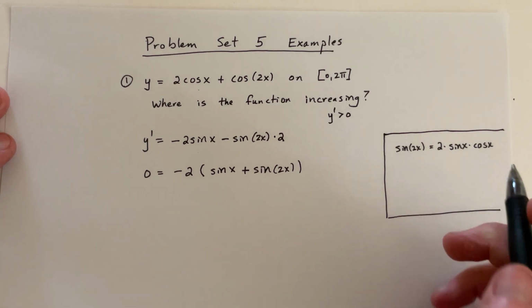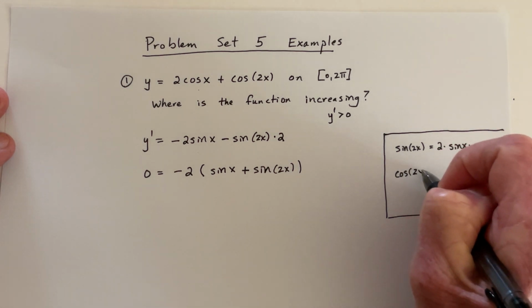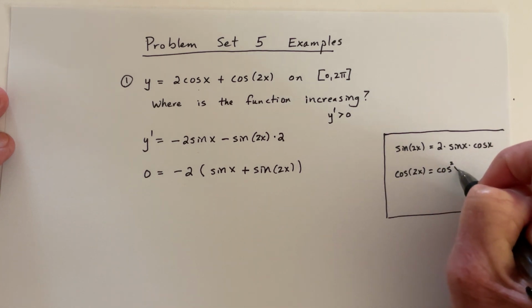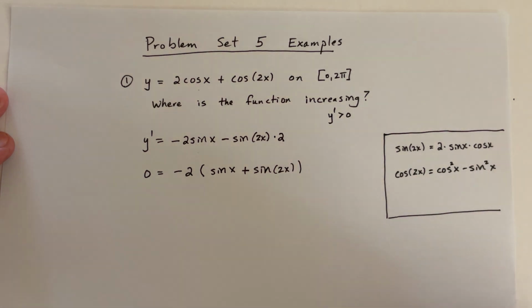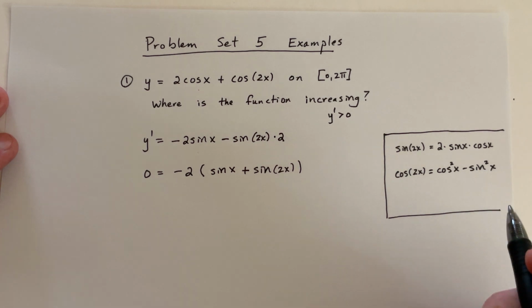If you happen to have cosine of 2x, then you can use the trig identity that it equals cosine squared of x minus sine squared of x. And then it no longer has the double angle, it just has a single angle.